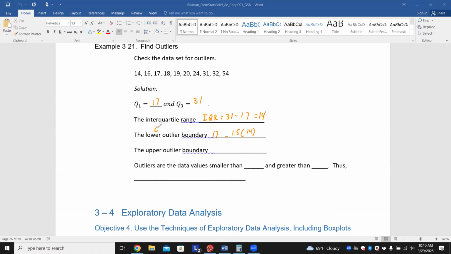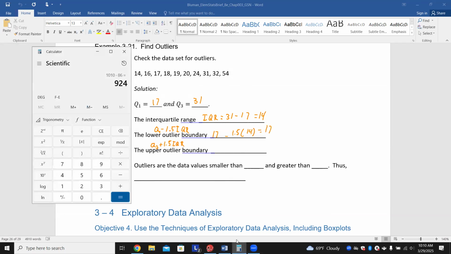So this is going to be Q1 minus 1.5 IQR. This will be Q1 there. This would be Q3 plus 1.5 IQR. So when I do the math here, 14 times 1.5 gives me 21. So this is going to be 17 minus 21, which gives me -4.